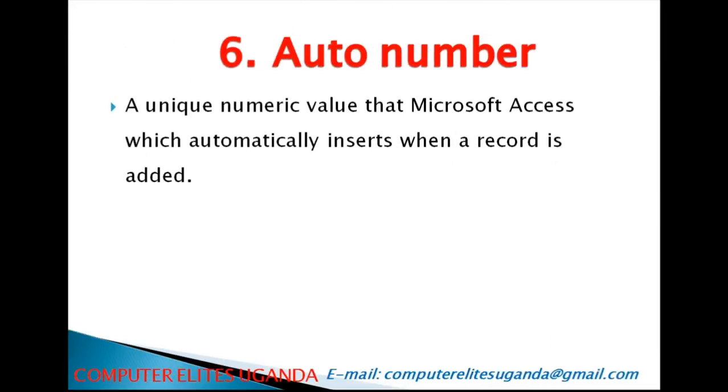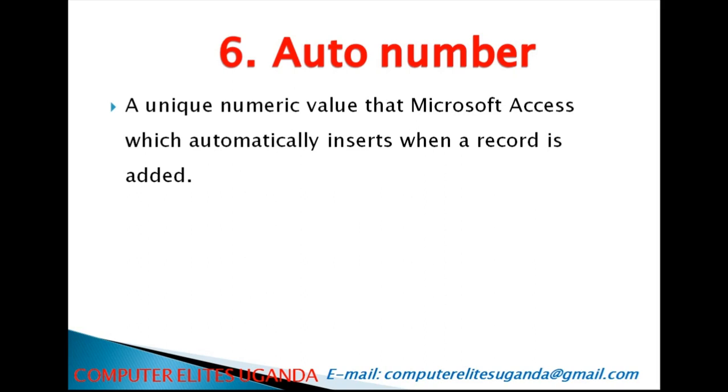The next field is AutoNumber. This is a unique numeric value that Microsoft Access will automatically insert when a record is added. For example, AutoNumbers can have different formats basing on how you want your database to be. You can have, say, numeric values, but those numerical values are always unique.